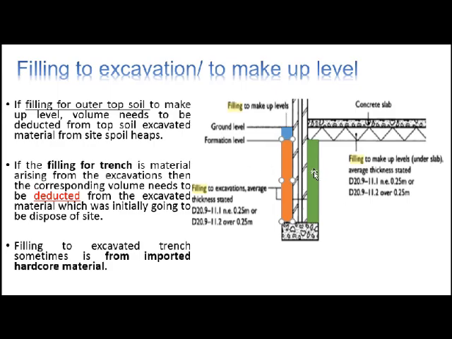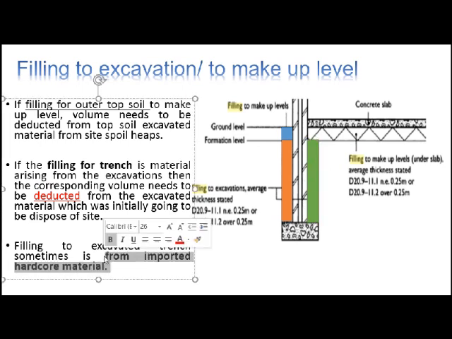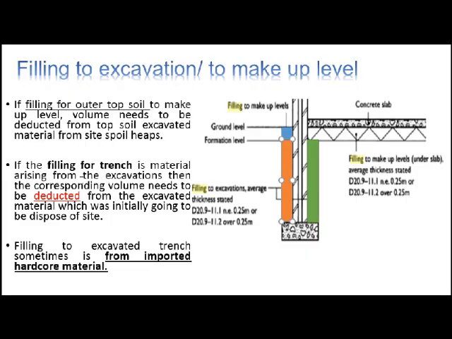So the inner filling is normally a bit pricey, because this is imported hardcore material. But for the outer part, it is normally taken from the original soil that you have excavated earlier. There's another filling here. If you see, filling to make up level under slab.